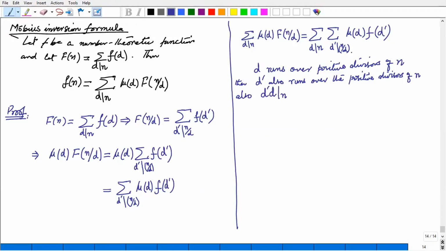Because d prime is the divisor of n by d, d prime times d must divide n. Okay, so there is no problem interchanging the notation.